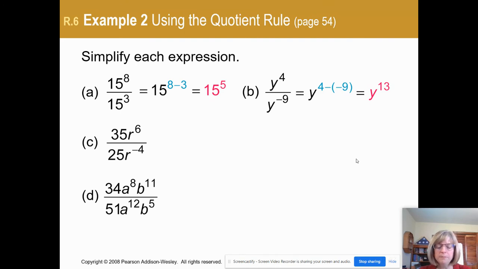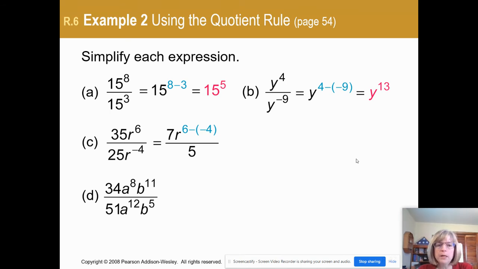For example C, I have 35r to the 6th power over 25r to the negative 4th. So I need to simplify the coefficients, 35 over 25, and I need to simplify the r's. The 35 over 25, since both numbers are divisible by 5, I'll do that and get 7 over 5.